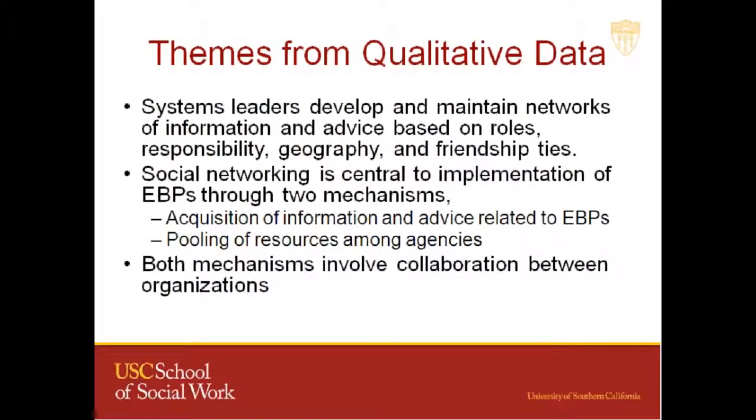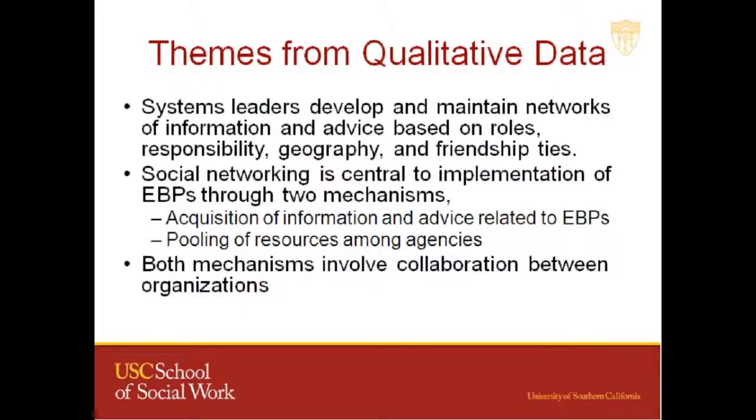We also learned from the qualitative data that we collected that systems leaders routinely develop and maintain networks of information and advice based on roles, responsibility, geography, and their friendship ties. And that social networking is central to the implementation of evidence-based practices through two particular mechanisms.